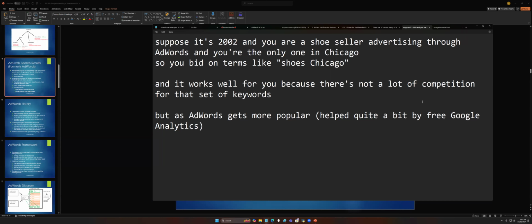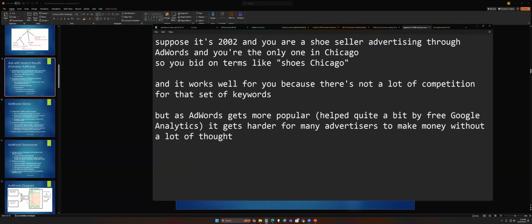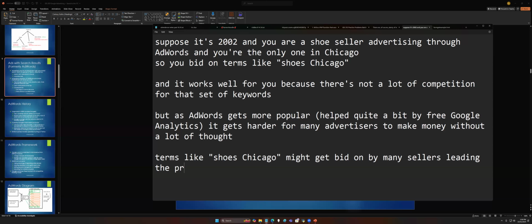Okay. All right. So eventually what happened though, the downside for advertisers, it gets harder for many advertisers to make money without a lot of thought. Okay. So terms like Shoe Chicago might get bid on by many sellers, leading the price for the best page position to go way up.